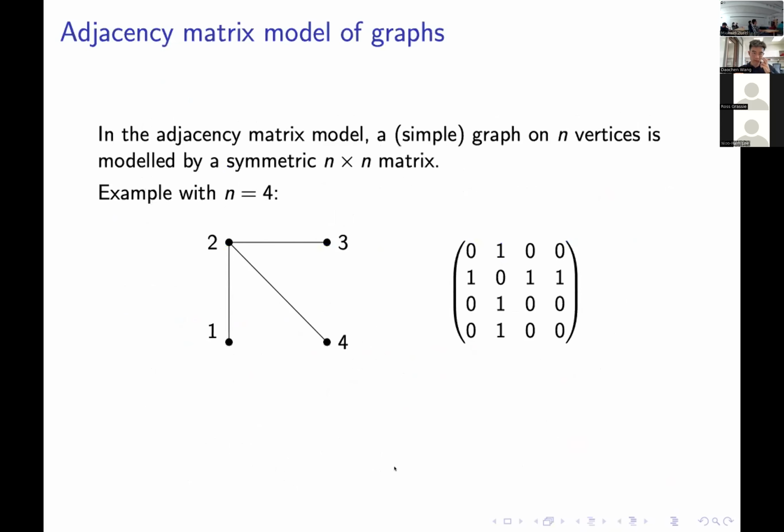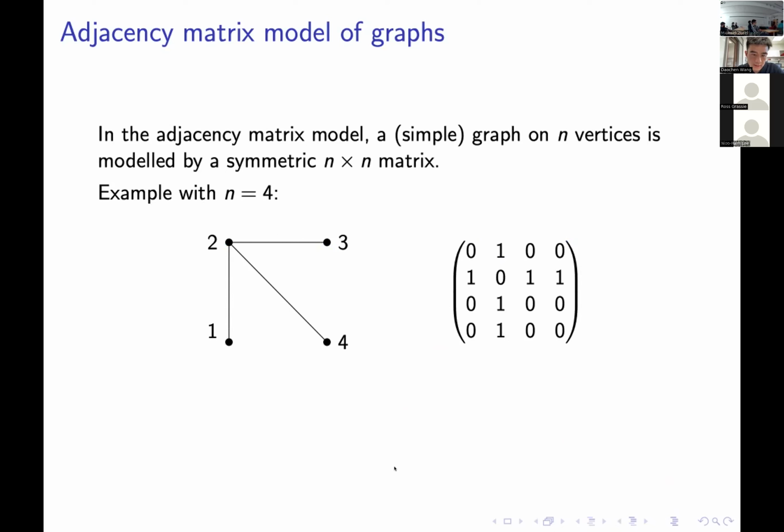So to make sure we're all on the same page, let me just say what the adjacency matrix model of graphs is. In the adjacency matrix model, a simple graph on n vertices is modeled by a symmetric n by n matrix. So here's an example with n equal to 4. The graph on the left is modeled by the matrix on the right.